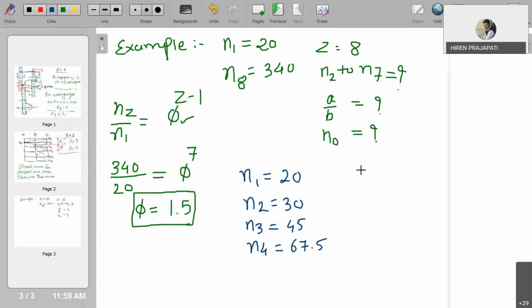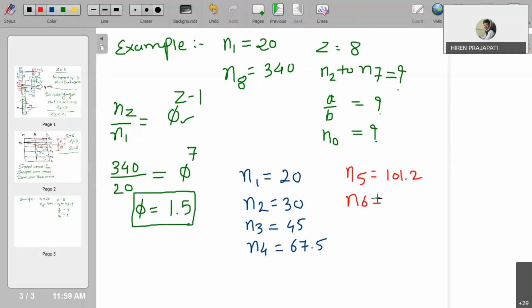Then N5 is N4 into 1.5, then we get N5 equal to 101.2 RPM.